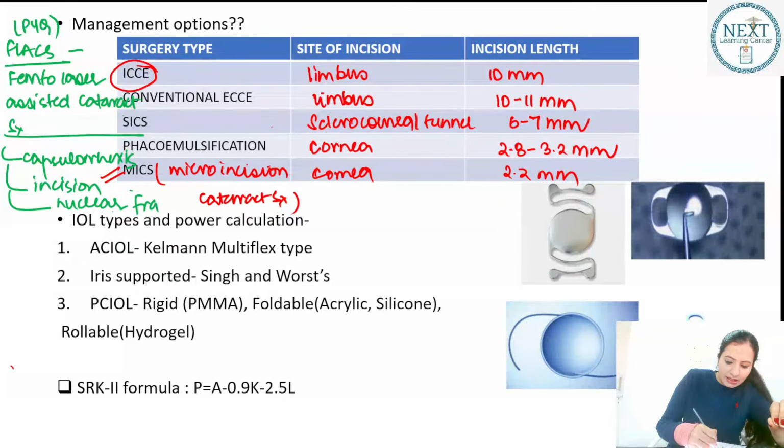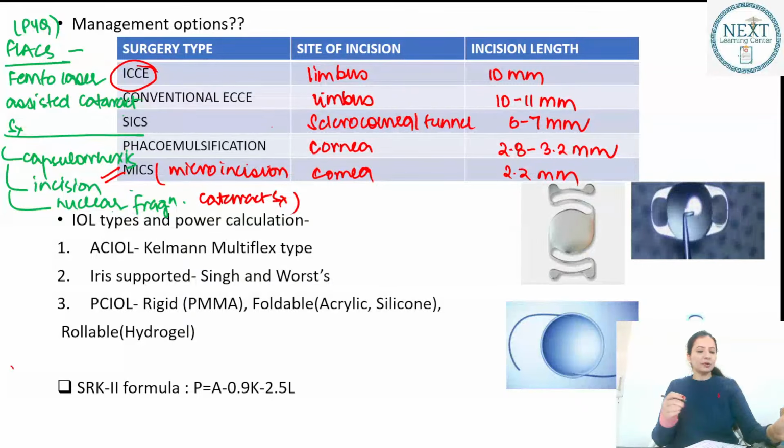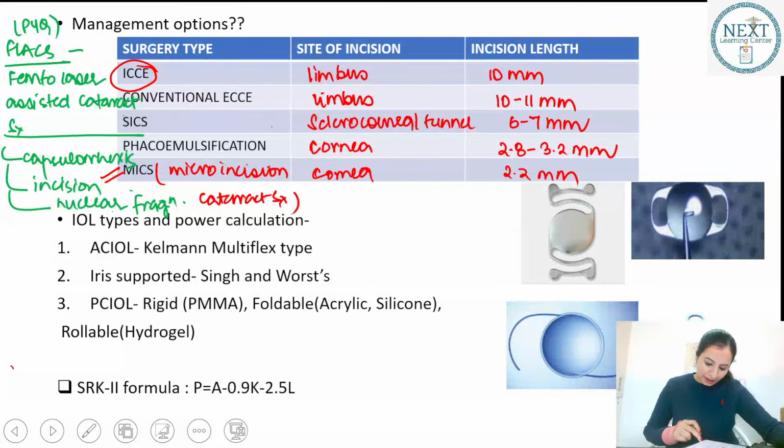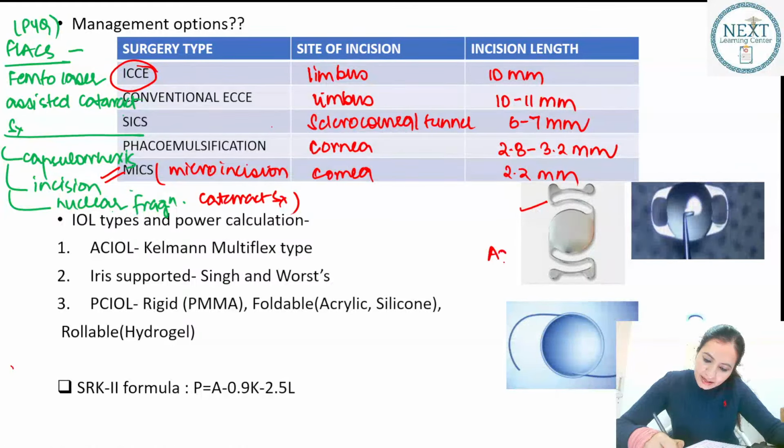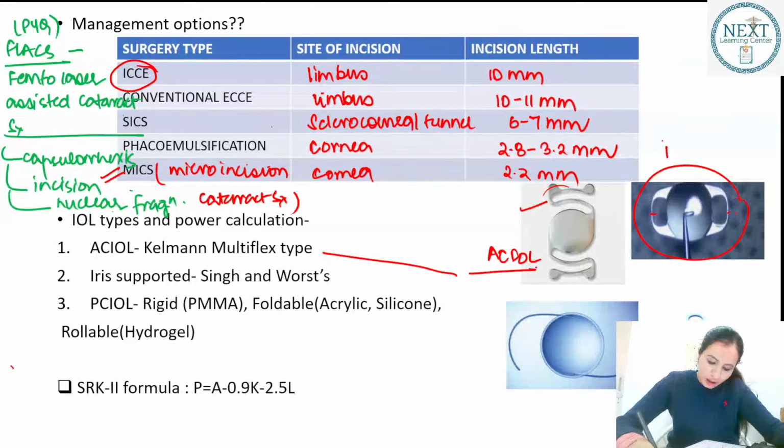So only these three steps are done by femto laser. If we talk about the IOL types, this is your AC IOL, anterior chamber IOL, that is Kelman multiflex type. Look at the loops. This with two cuts here is your iris supported, that is Singh and Worst lenses.